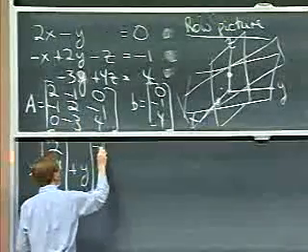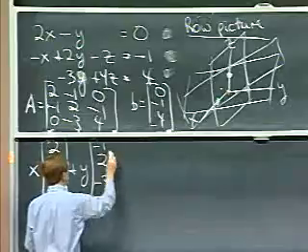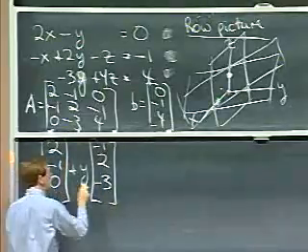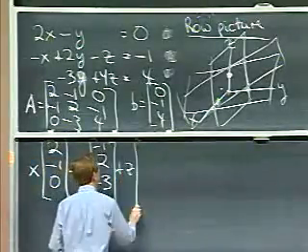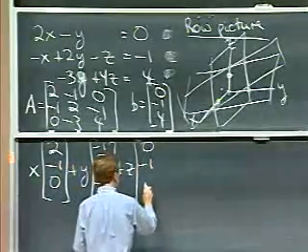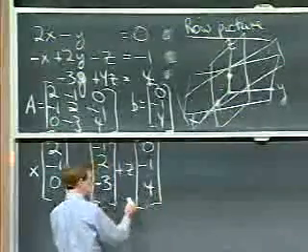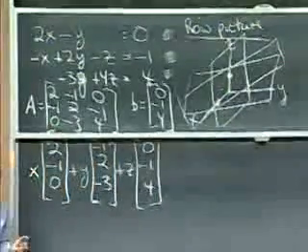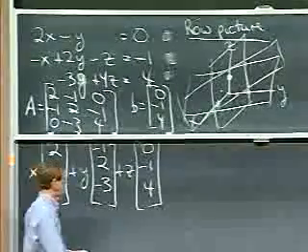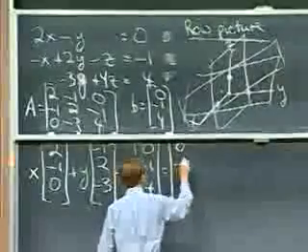There's minus 1 in the first equation, 2 in the second, and maybe minus 3 in the third. Just the second column of my matrix. And z times no z's, minus 1 z's, and 4 z's. And it's those 3 columns, right, that I have to combine to produce the right-hand side, which is 0, minus 1, 4.